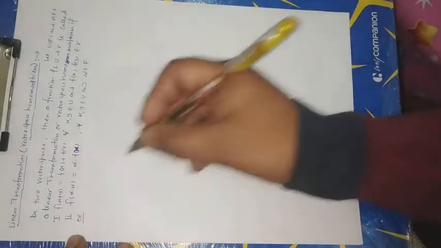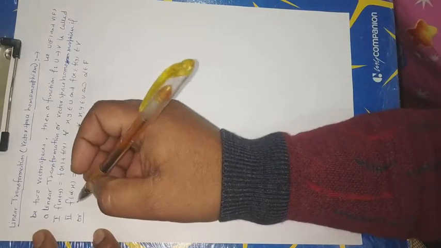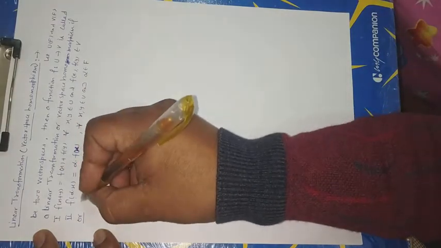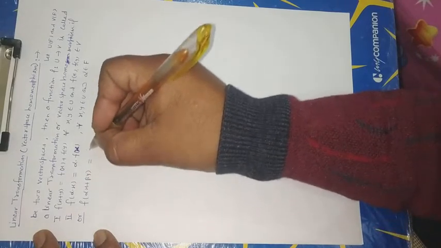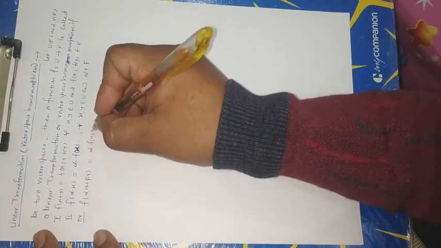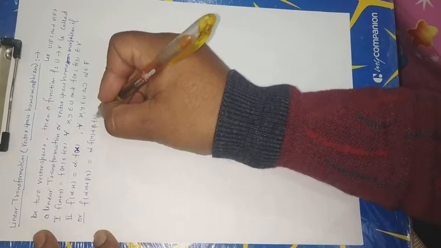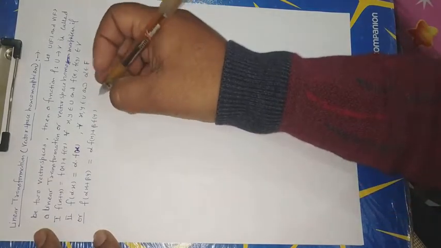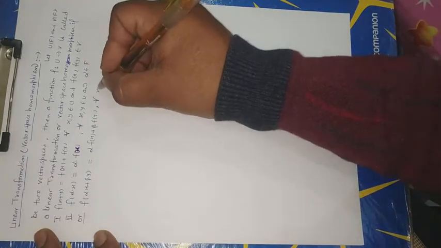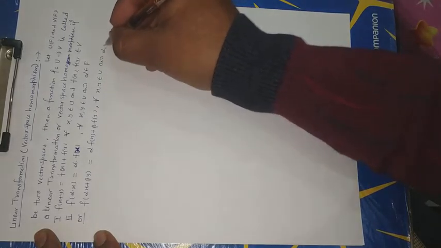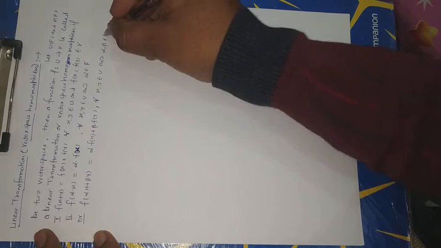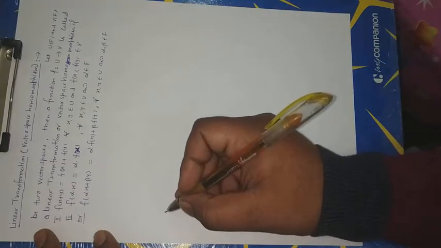Or we can write f(alpha x plus beta y) equal to alpha f(x) plus beta f(y) for every x, y belonging to U and alpha, beta belonging to the field.